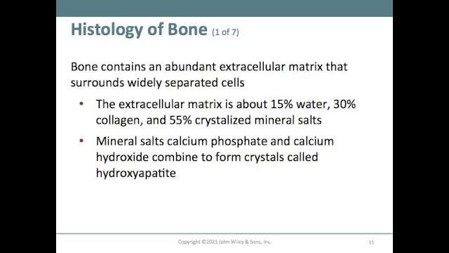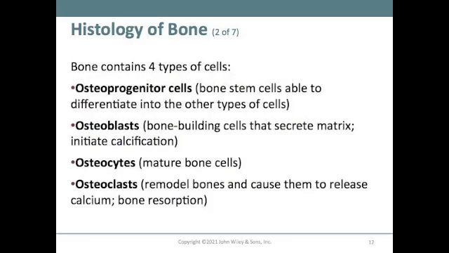We're going to be talking about these 4 different types of cells, and they're outlined for you on page 180. And you can see them here at figure 6.2 on page 181. The osteoprogenitor cells, so progenitor is the beginning. So these are the bone stem cells able to differentiate into other cell types. Remember from your basic biology that stem cells are just undifferentiated cells.